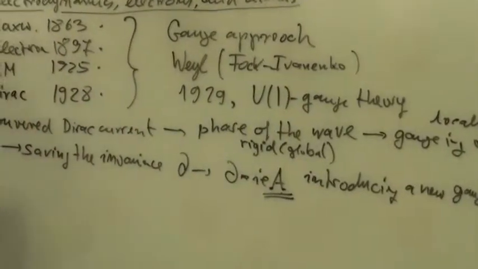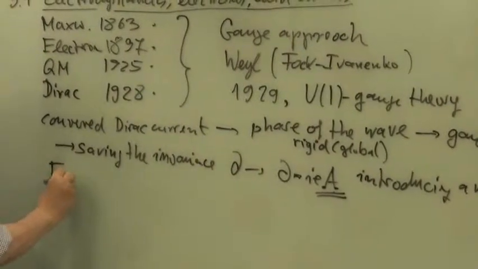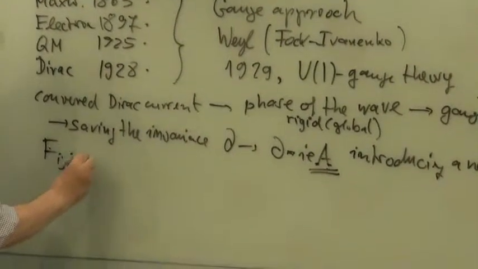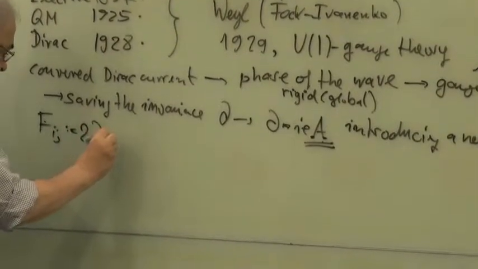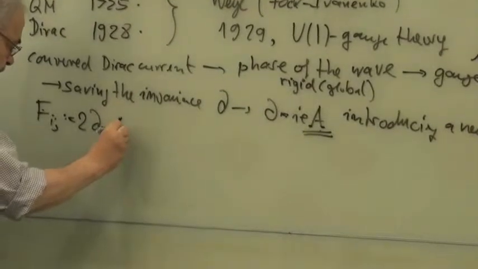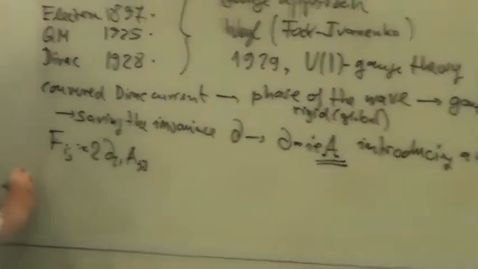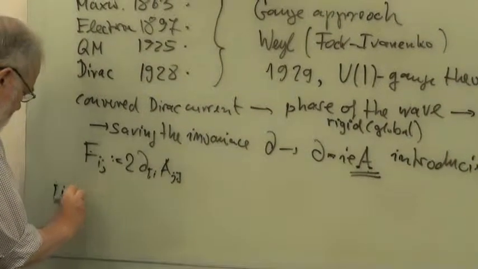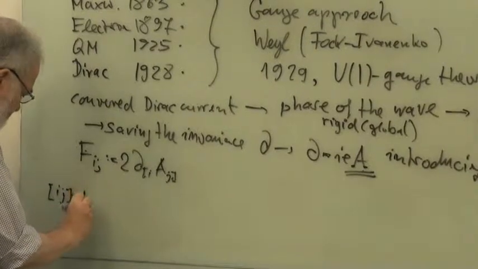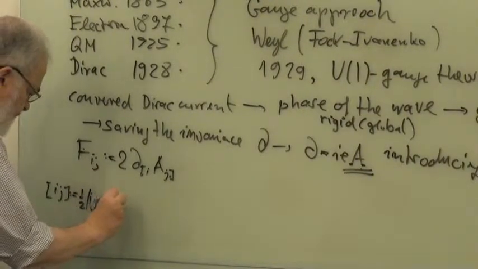So the curl of the gauge field, which we call, say, F_ij, by definition, is antisymmetric; these are the so-called Bach parentheses, an abbreviation for 1/2 (A_ij minus A_ji).